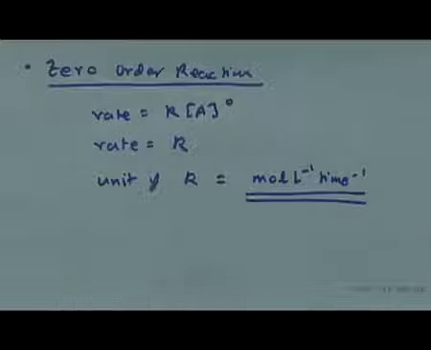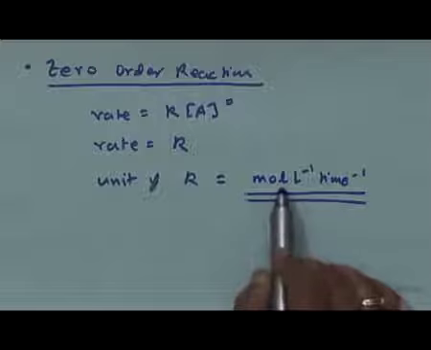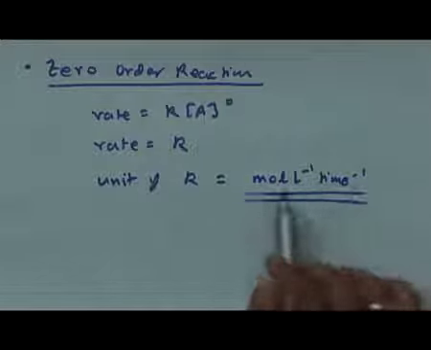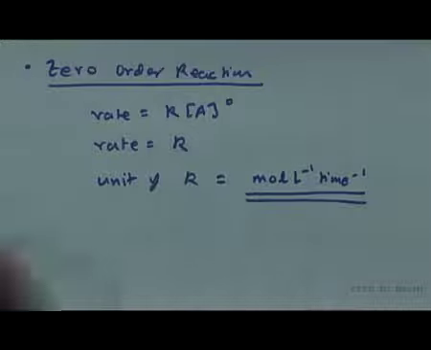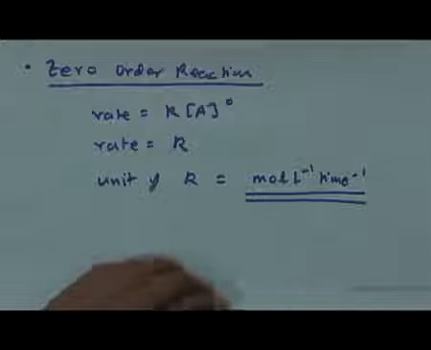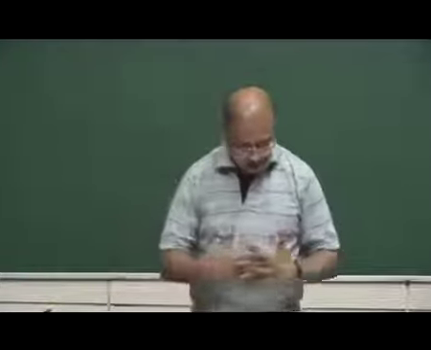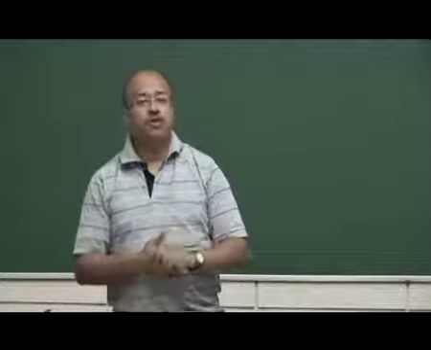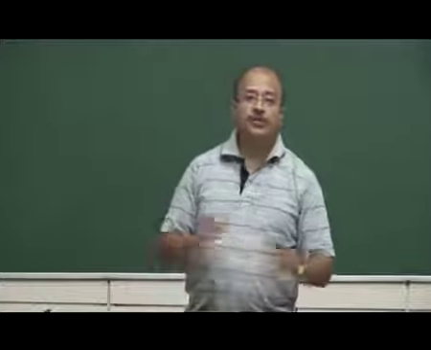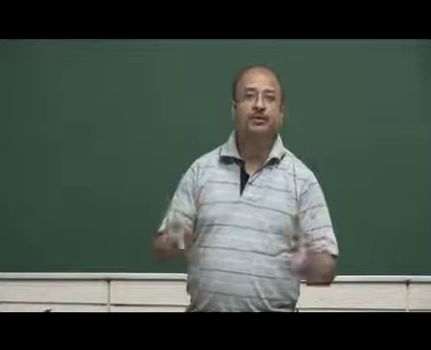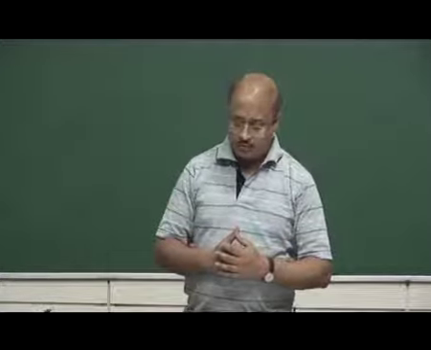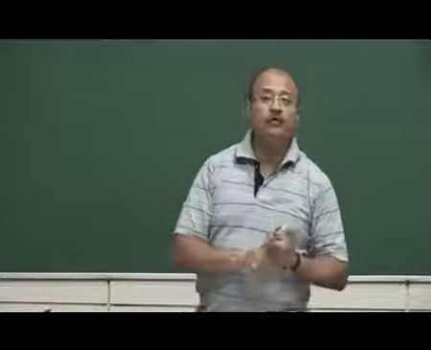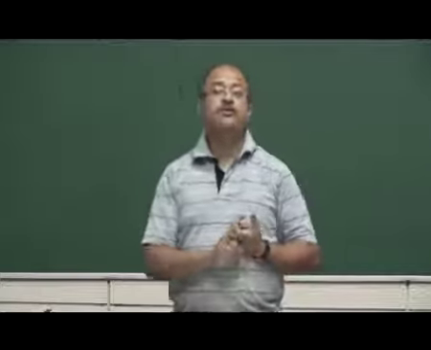Okay. Again, please take care of one thing, here you see the mole has the positive exponent. So, I have written this first, and then the liter inverse and the time inverse come later. So, with respect to the units of the rate constant, this is how you always figure it out. This is not something that you have to memorize. Once you have the rate expression in front of you, you know the unit of rate is always concentration over time.